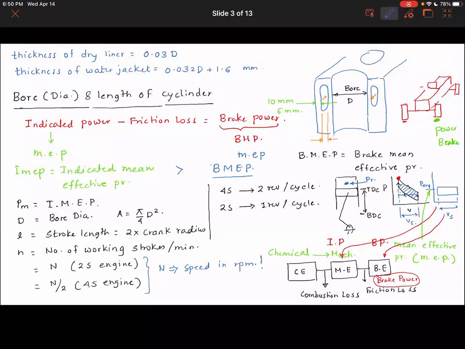Okay, so next, moving on, let's look at how we find out the bore and the stroke. For that, the important design parameter is indicated power. And I want to give you the definition of indicated power.